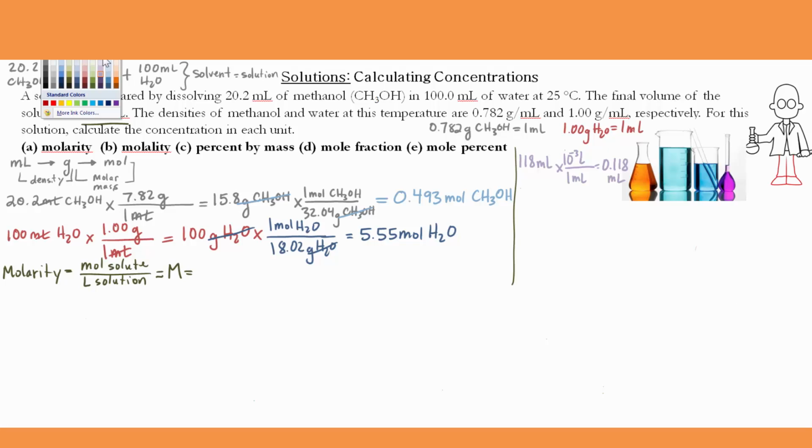So now, we can take the number of moles of the solute, which is this. This is our solute. And we can say 0.493 moles of CH3OH divided by 0.118 liter of solution.